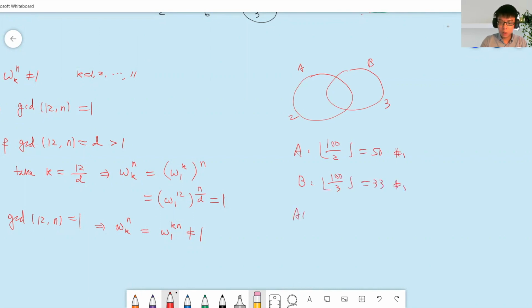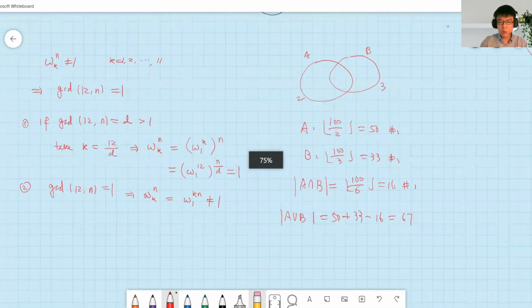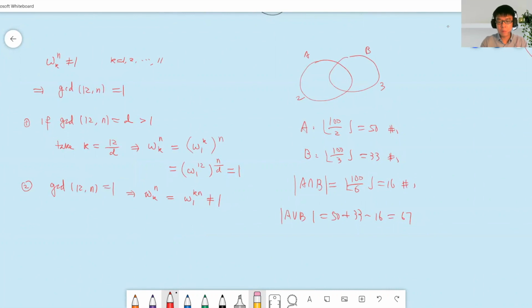We also have the intersection, which is 100 divided by 6, which is 16 numbers. So the union, A union B, is 50 plus 33 minus 16, which is 67. Those are numbers with a common divisor larger than 1 with 12. So the answer will be the other numbers, 100 minus 67, which is 33. So our answer is 33 here.